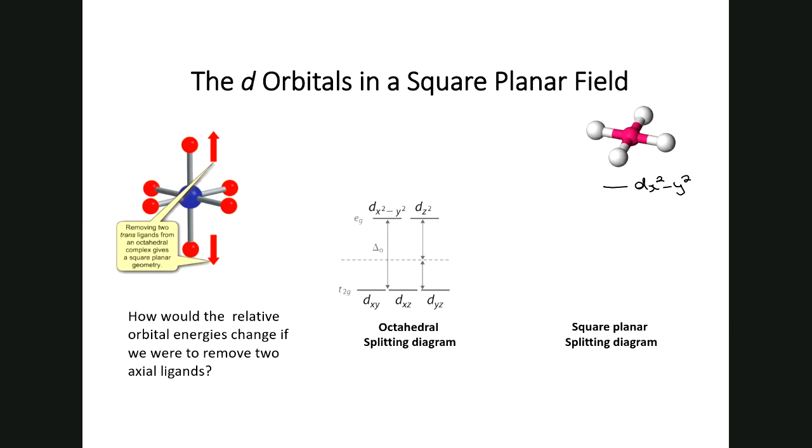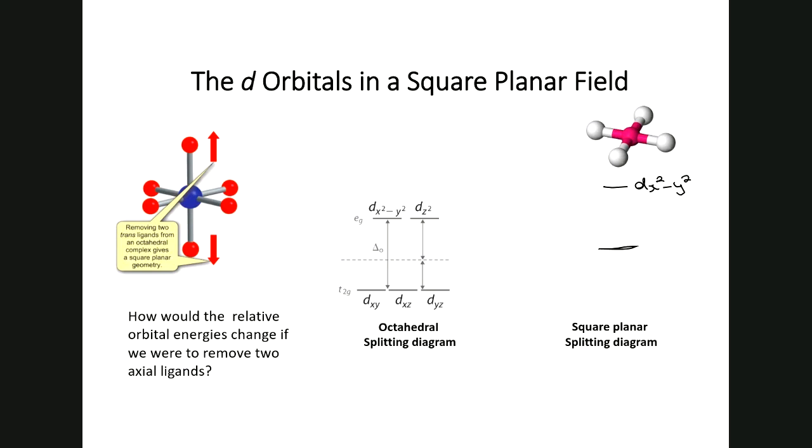So if my dx squared minus y squared is going to be higher in energy, what will be the second highest one? dxy, right? Anything that's in the x and y position is going to be higher in energy.